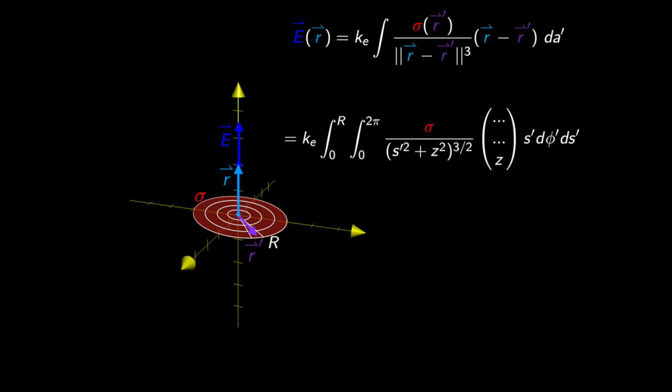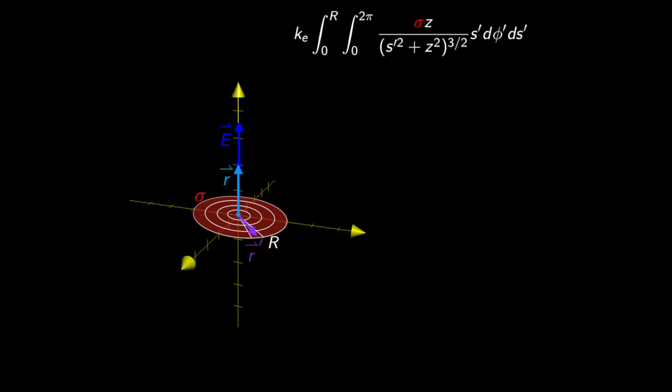Next, our work is reduced from doing 3 integrals, one for each coordinate, to just one integral for the z-coordinate, since the symmetry of the charge implies that E of r points straight up. At this point, we're left with a nice calculus problem, an integral with no physics, just math. So you should pause and try your hand at it.